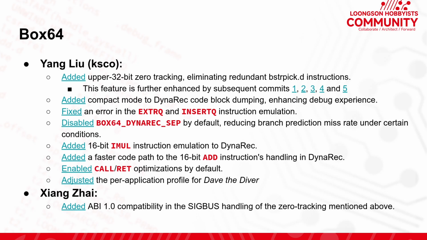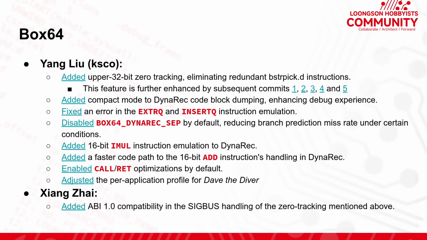Next, we added some 16-bit instructions to the dynarec. Also, we added a fast code path to the 16-bit add instruction in the dynarec. We also enabled the call return optimizations by default. This optimization is really good for the performance, but because it had some bugs we never found out why, it's been disabled for a long time.